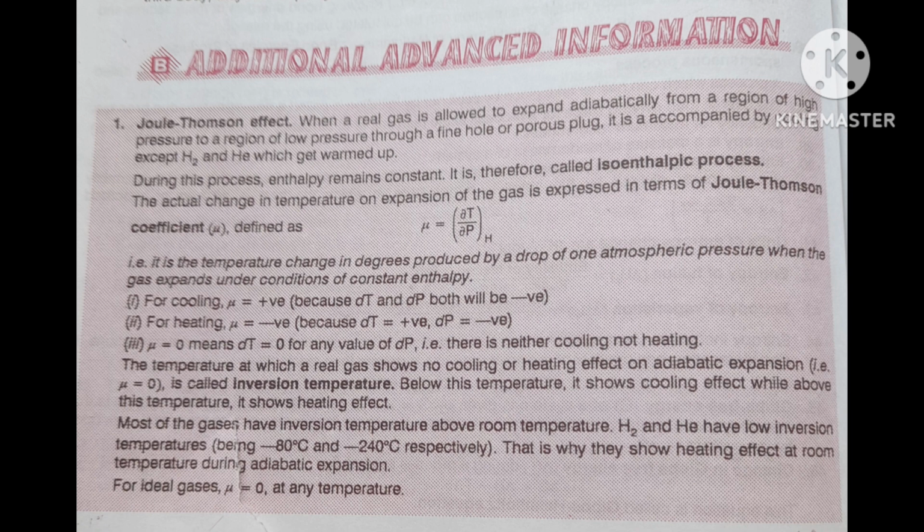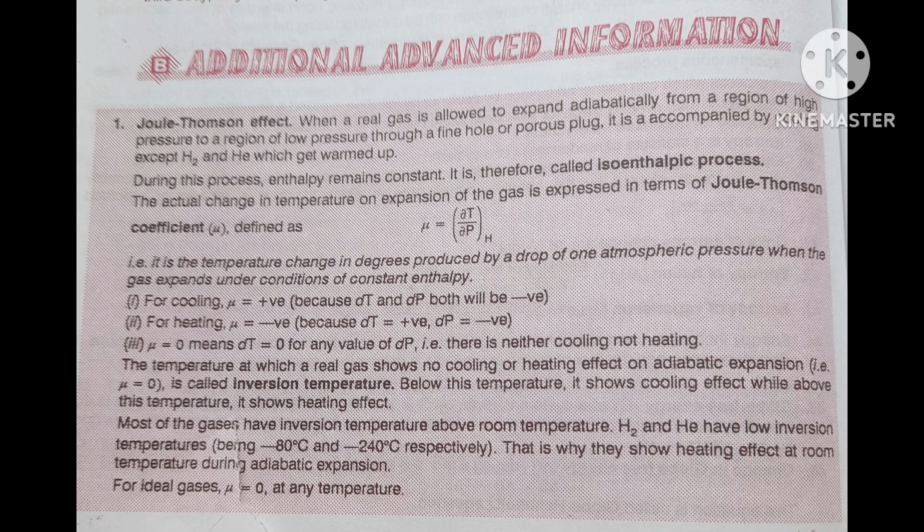What is actually the Joule-Thomson coefficient? It is the temperature change in degrees produced by a drop of 1 atmospheric pressure when the gas expands under condition of constant enthalpy.